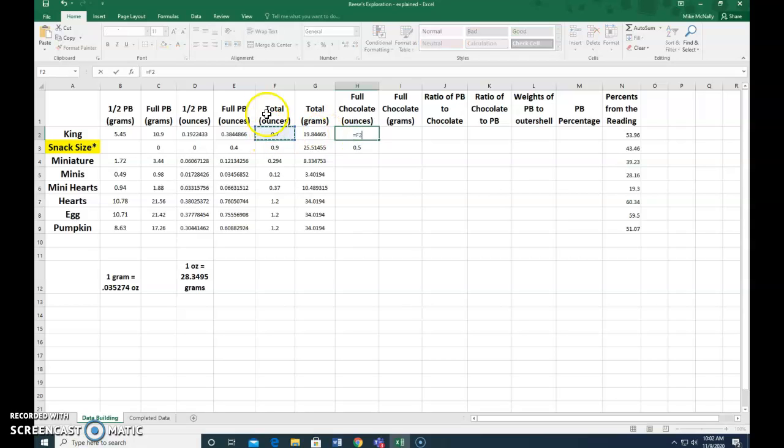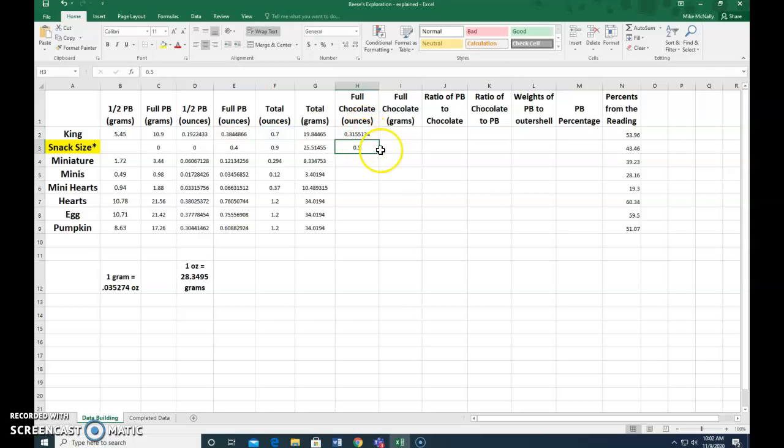That number, this column F2, and this time, though, we're not subtracting any old number. We're actually saying the total minus all the peanut butter is going to give us how much chocolate there is. There's only chocolate and peanut butter in the thing. So if the total is 0.7 and this is how much peanut butter, then if we say that minus this, it'll give us the chocolate. Let's hit enter.